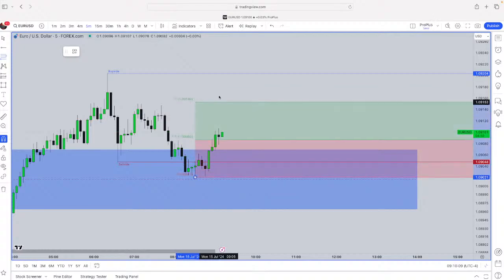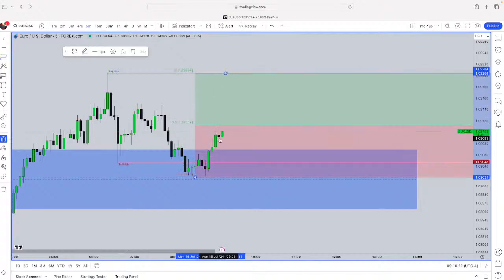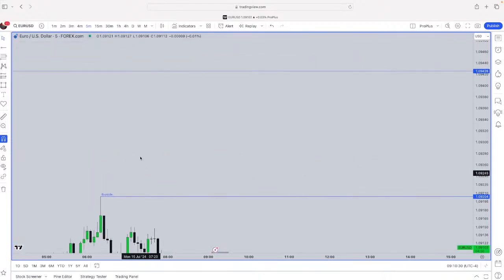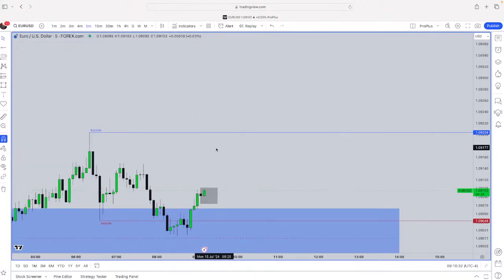Here, from low, high, bullish order block here. So just want to see price pull away, come back to tap into it, and see if there is an entry. Buy side liquidity here, buy side liquidity here, and then that'd be the final target.